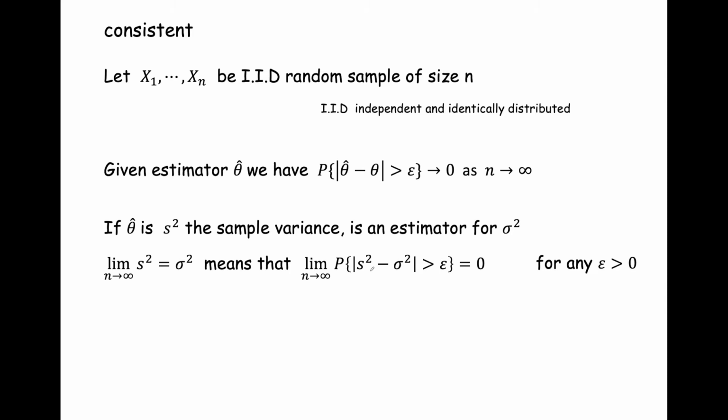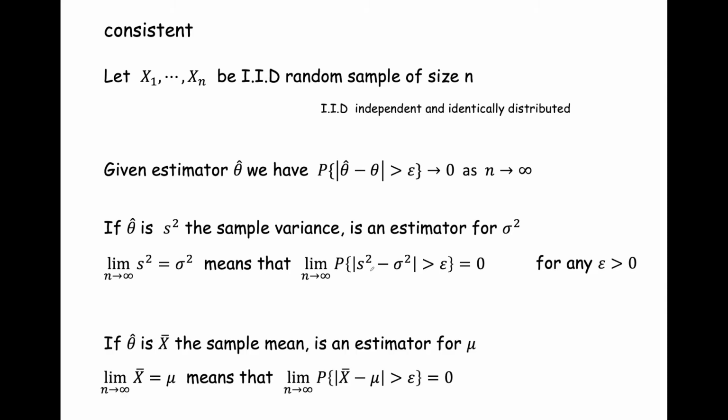All right. So if our estimator theta hat is x bar, the sample mean, an estimator for mu, a good replacement, we can show that in the limit as you increase the sample size n to infinity, x bar is exactly equal to the population mean mu.